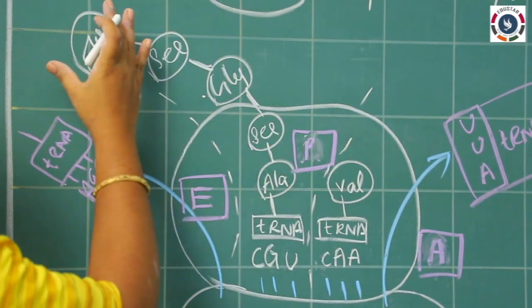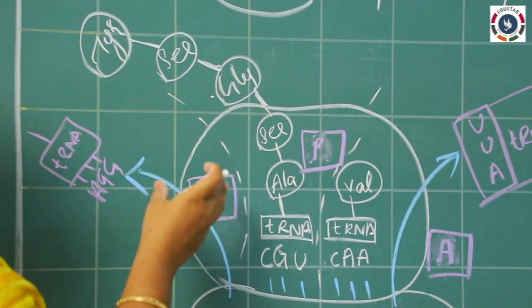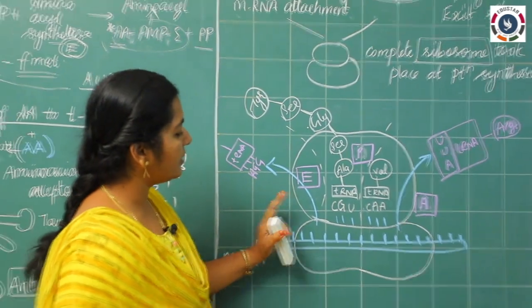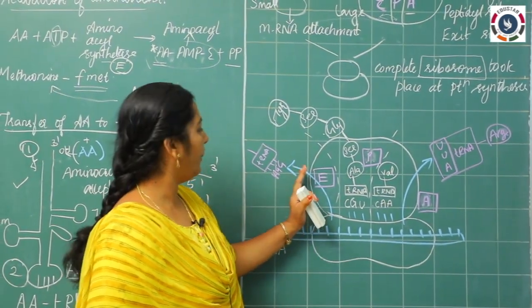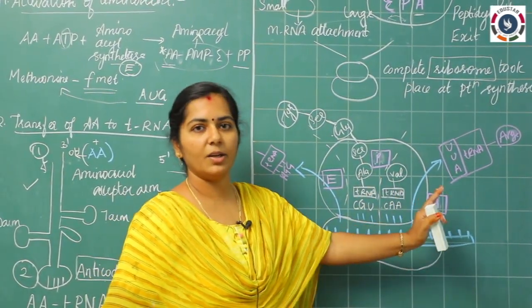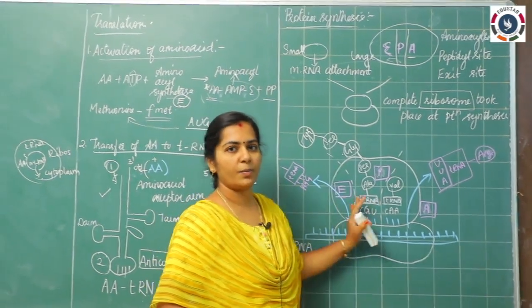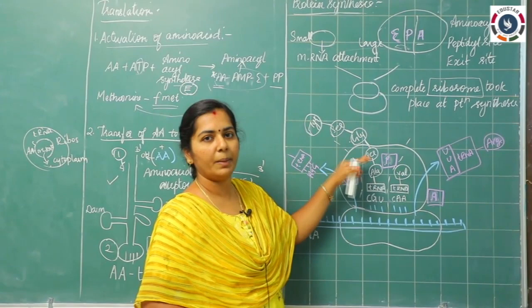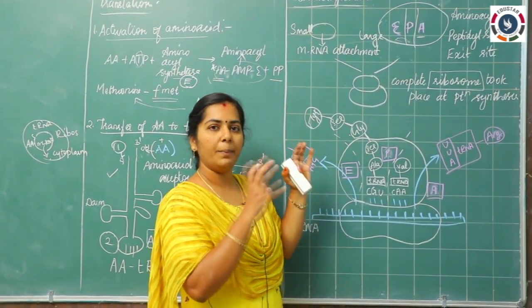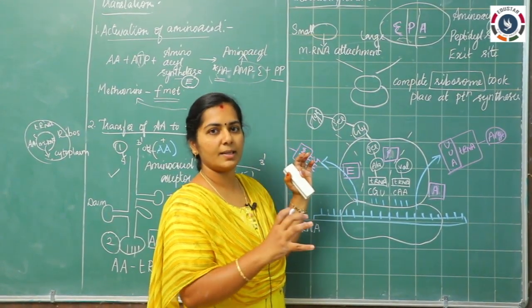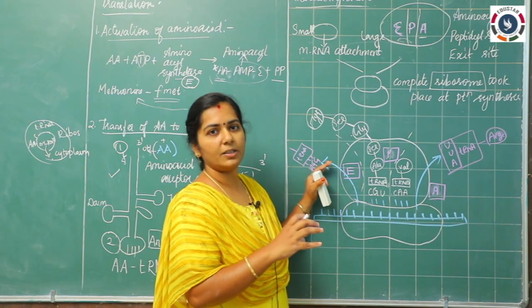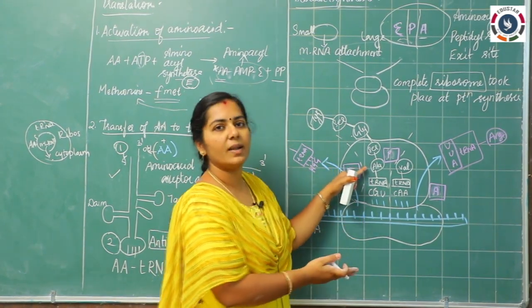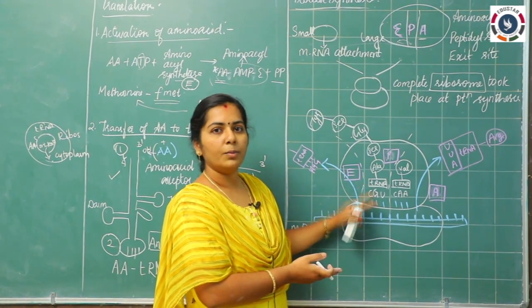After this, in the E site, that is the exit site, our stop codon will be present. Once the stop codon is there, it will stop and move to the next region. So this is a continuous process. Once all the amino acids are formed by the peptide linkages, one complete protein is synthesized, our translation process will stop.